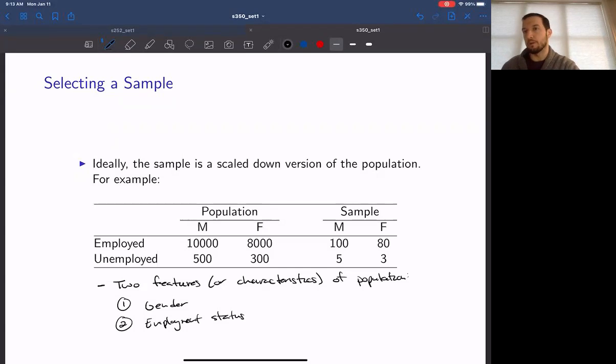So quota sampling would basically set out to find 100 male employed persons, 80 female employed persons, 5 male unemployed persons, 3 female unemployed persons. So you could consider those to basically be the numbers that you need in order to satisfy the experiment. So the quotas, and then we seek to fill those.